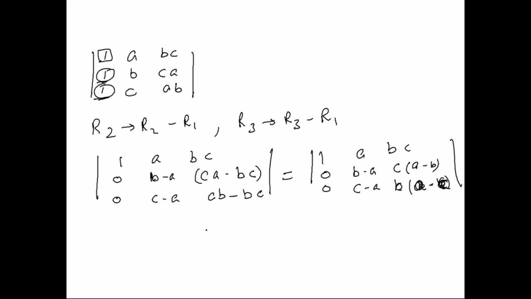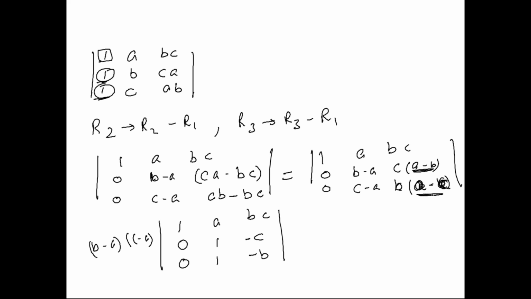Now from the second row I can take B minus A common, and from the third row I can take C minus A common. So it will become 0, 1, minus C over here, 0, 1 and minus B over here. Why this minus C and minus B? Because it is A minus B over here and A minus C, whereas I'm taking B minus A and C minus A as common.